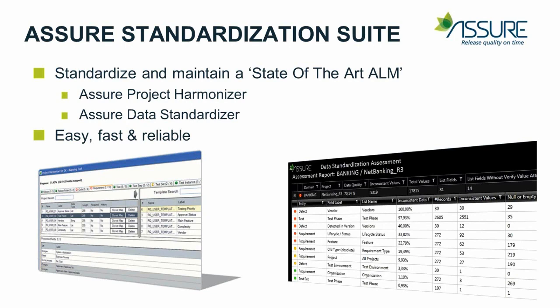You can delegate the work in large environments, and it works. That's the tool Olivier was mentioning they've been using. The other one is the Assure Data Standardizer, which helps you standardize the data. As the example again was, say you have urgent versus red, and you decide that all the projects should use urgent. This tool will help you do that easily.